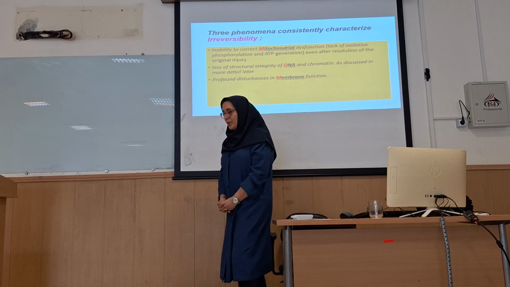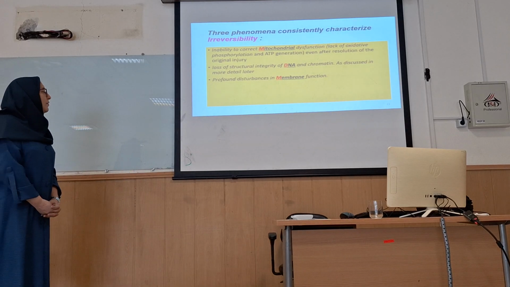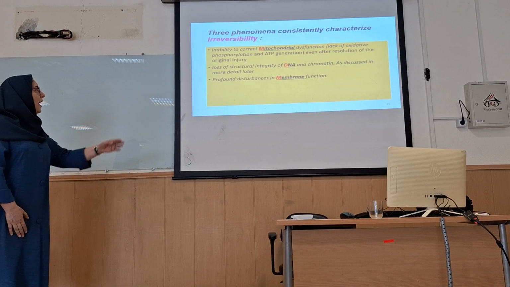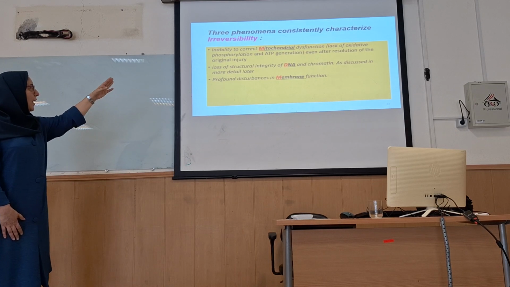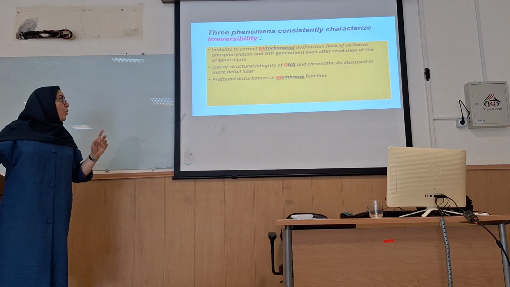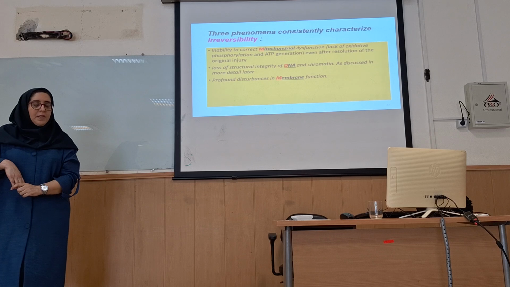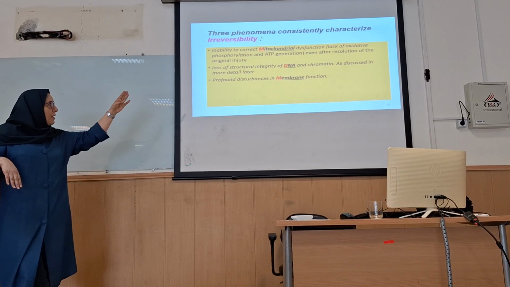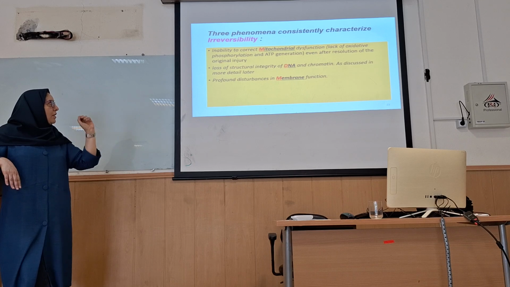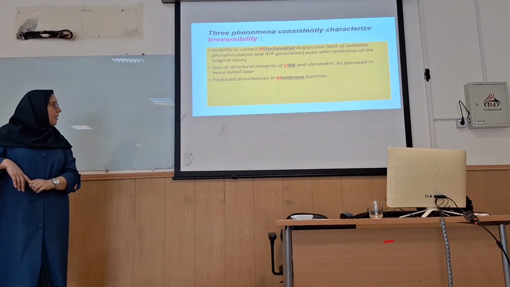This slide is very important for understanding and for your final examination. We have three phenomena for irreversibility: inability to correct mitochondrial dysfunction. When we see irreversibility, it is associated with inability to correct mitochondrial dysfunction, with loss of ATP and ATP production.